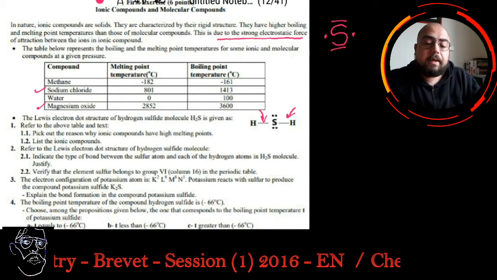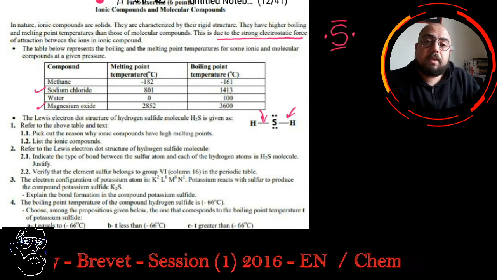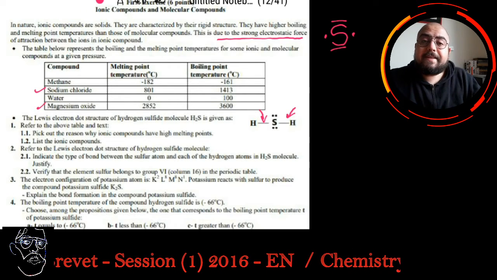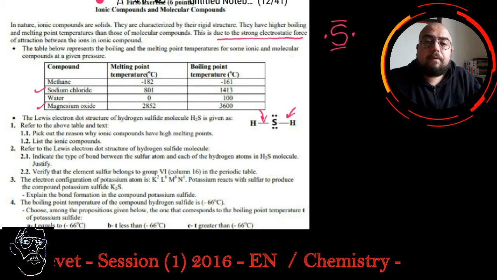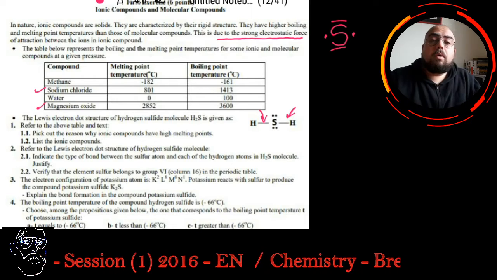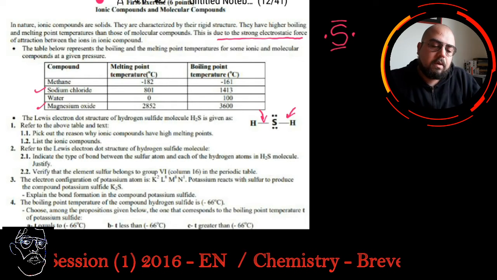Once we count the number of electrons, it will be 2 plus 2 plus 2, 6. So 6 valence electrons. Since sulfur has 6 valence electrons, it belongs to group 6 or column 16 in the periodic table.